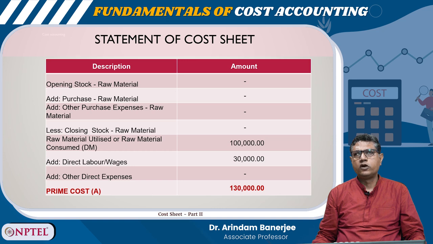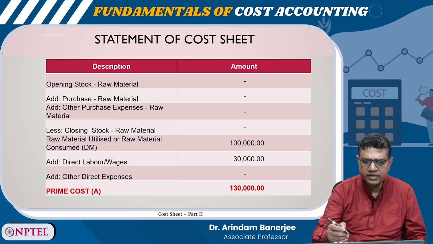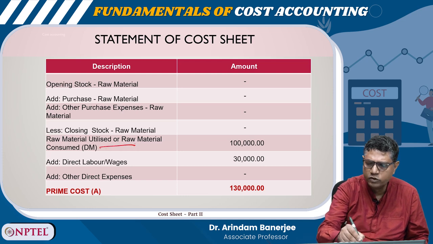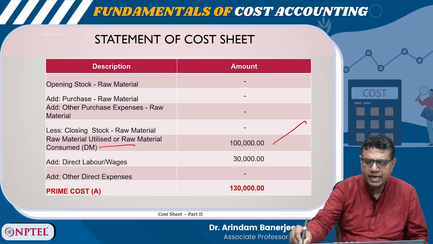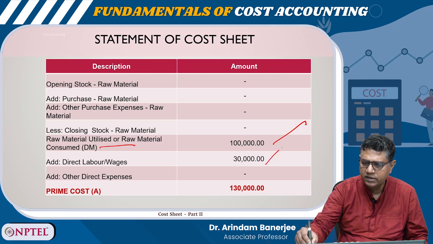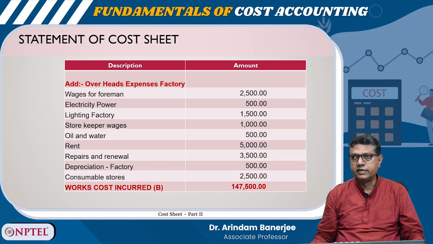There was no opening stock of material and purchases. Directly the raw material consumed is given, which is 1 lakh, plus direct labor, no direct expenses. So, this is my prime cost, 1 lakh 30.